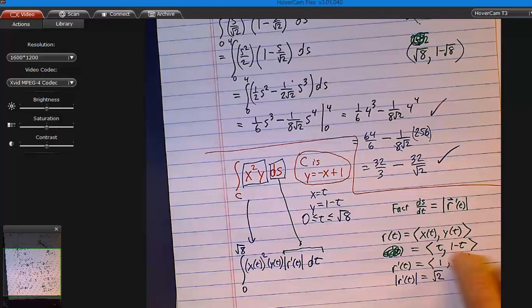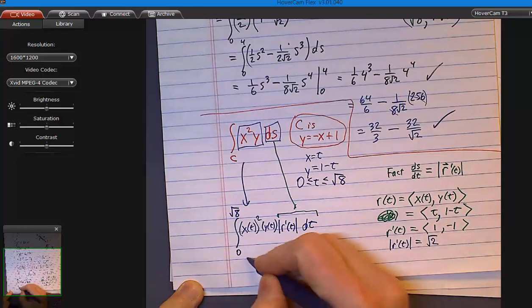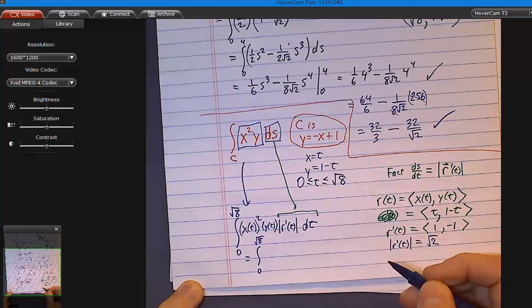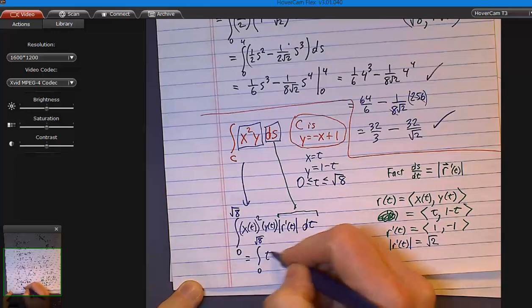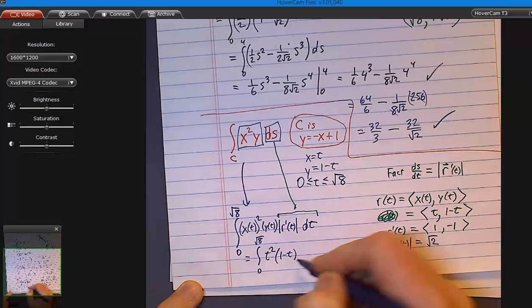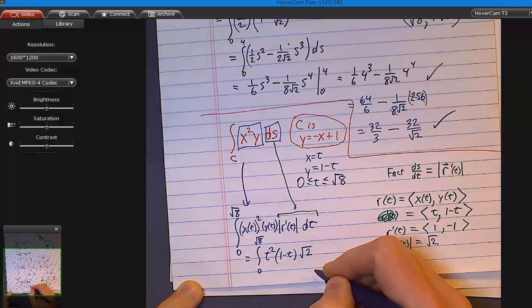And so what happens now is you get, let's see. Well, we're integrating from 0 to square root of 8. So this is t squared, right? And then y of t is 1 minus t. That's not too bad. And then square root of 2 dt.